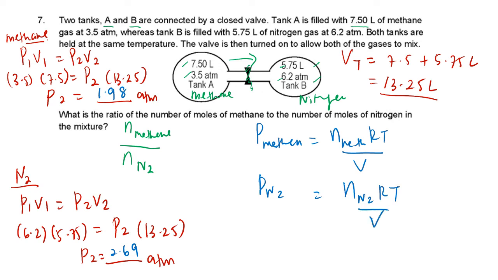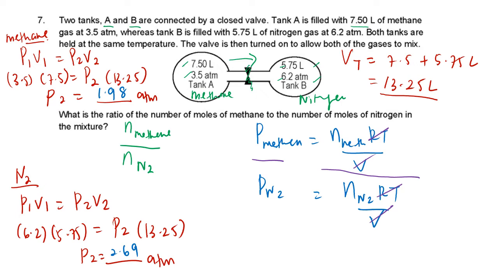If we want to find the ratio of moles of methane to nitrogen, we can use the formula. We have RT over V for methane and RT over V for nitrogen, so they cancel out. Therefore you get the ratio of moles of methane over moles of nitrogen. It means that we only calculate the partial pressure of methane over the partial pressure of nitrogen, which is the same value as the mole ratio.